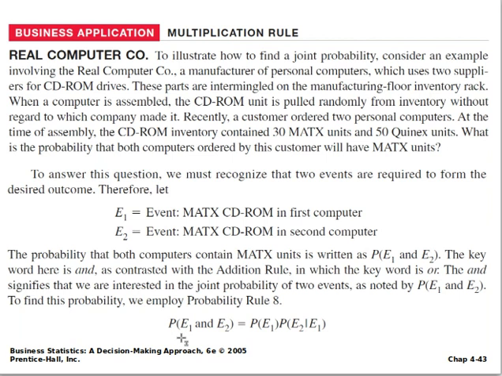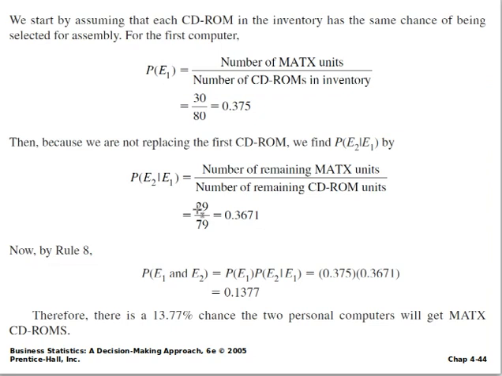P of E1 and E2 equals P of E1 multiplied by P of E2 given E1. We start by assuming that each CD-ROM in the inventory has the same chance of being selected for assembly.